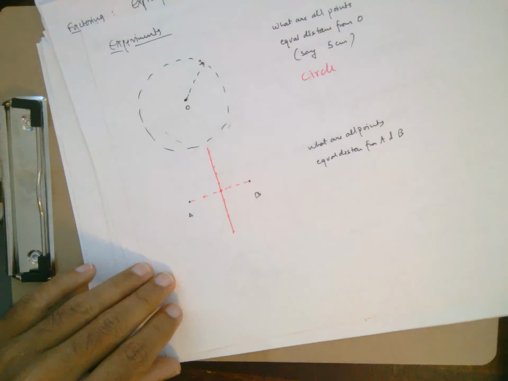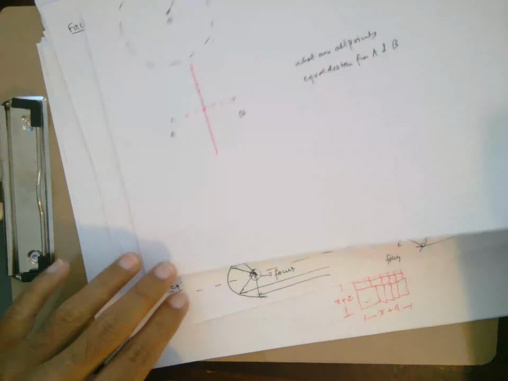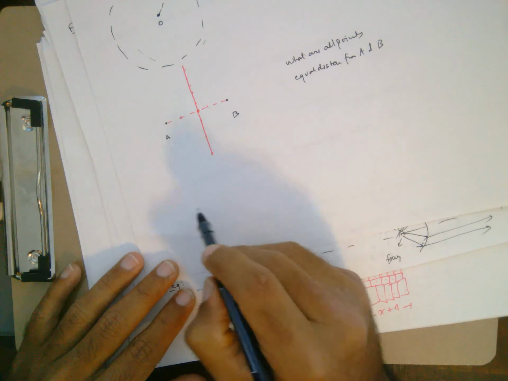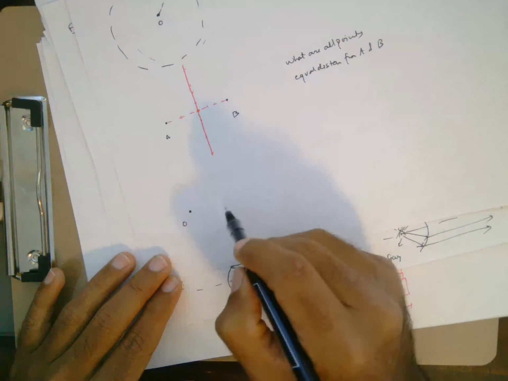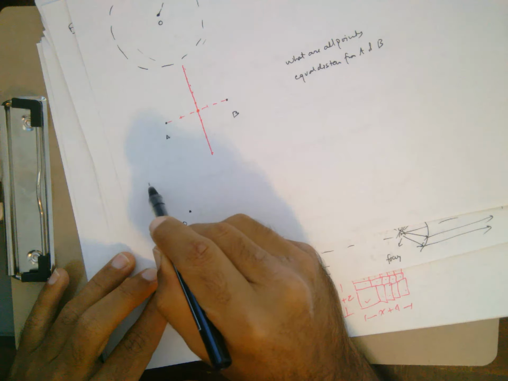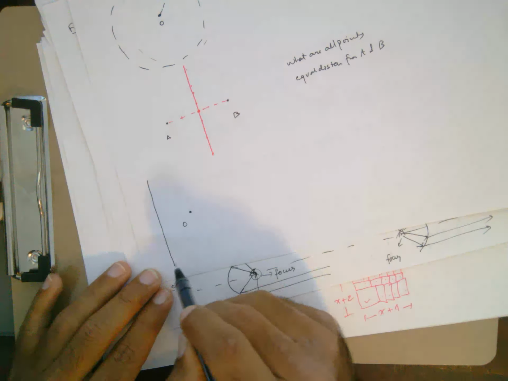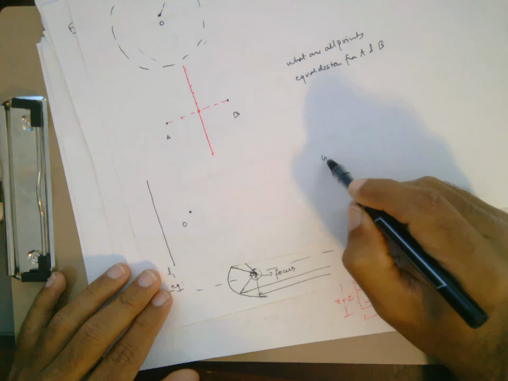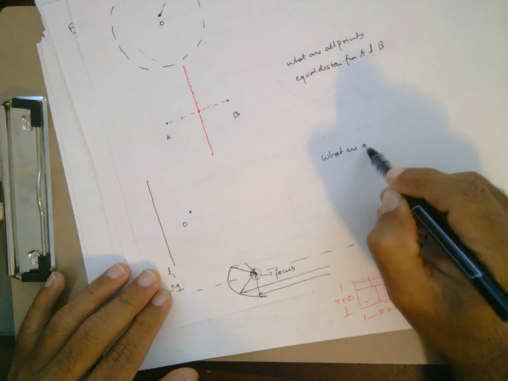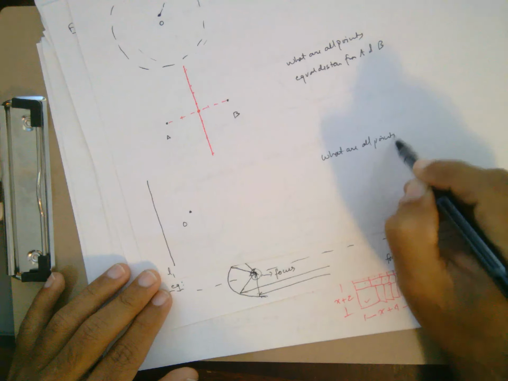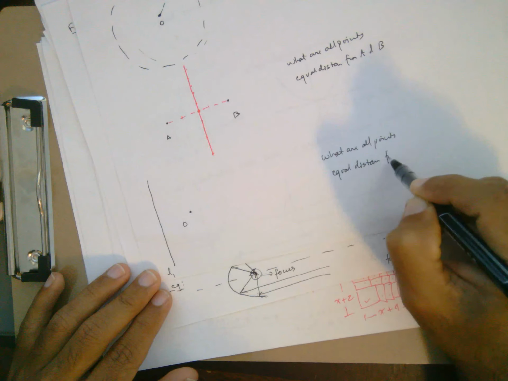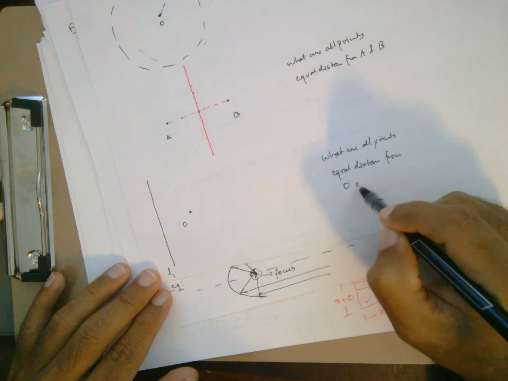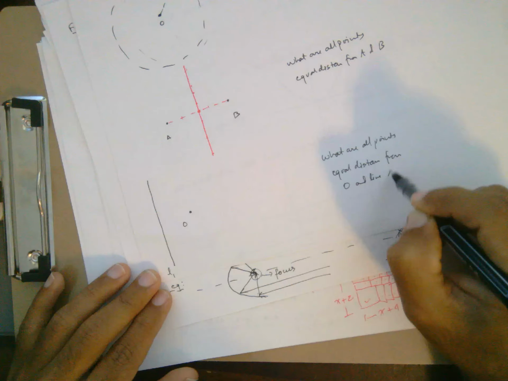And then, of course, the next question is, what if I want something more complicated? I take a point, and then I also take a line. Let's say I call this L1. So now, what are all points equal distance from O and the line L1?